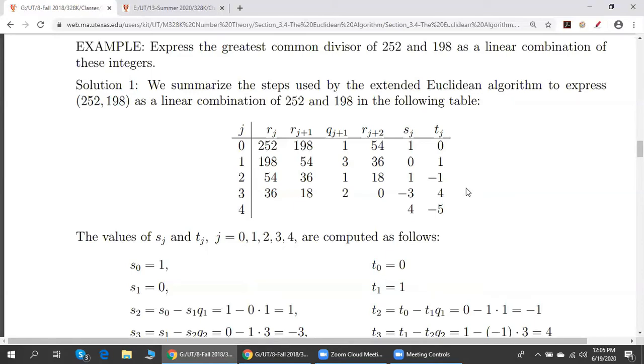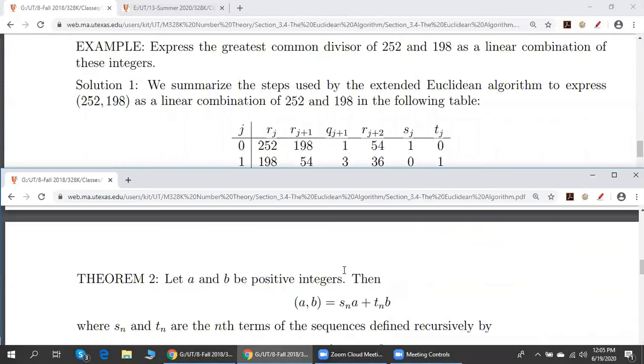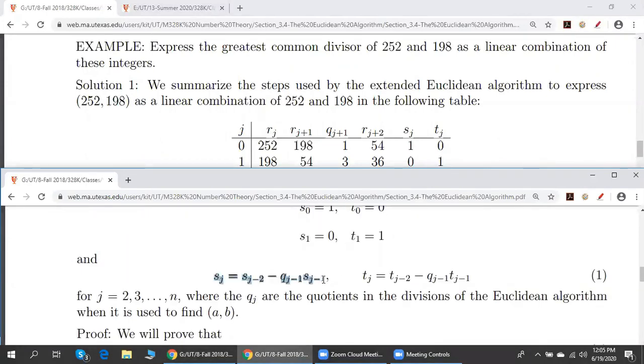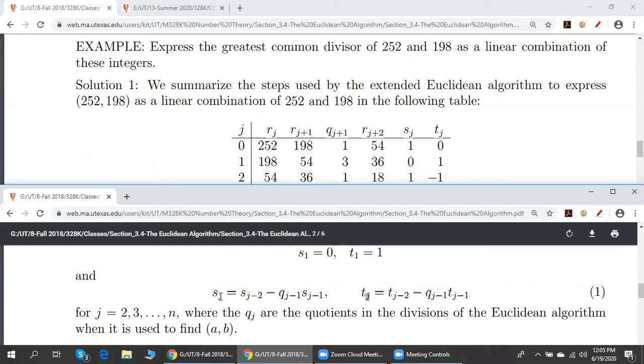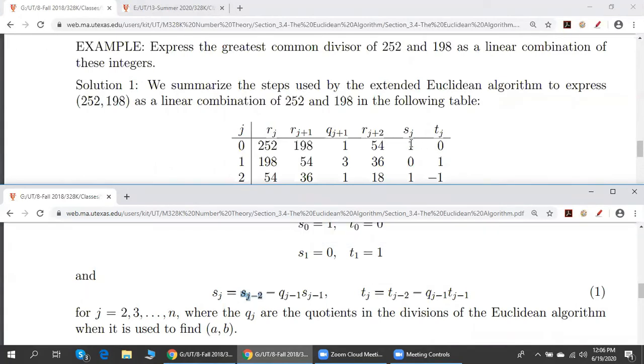From formula? We use the formula. We use these two formulas. According to these two formulas, Sj, in our case S2, is equal to Sj minus 2. If j is equal to 2, this term is S0, and S0 is 1.